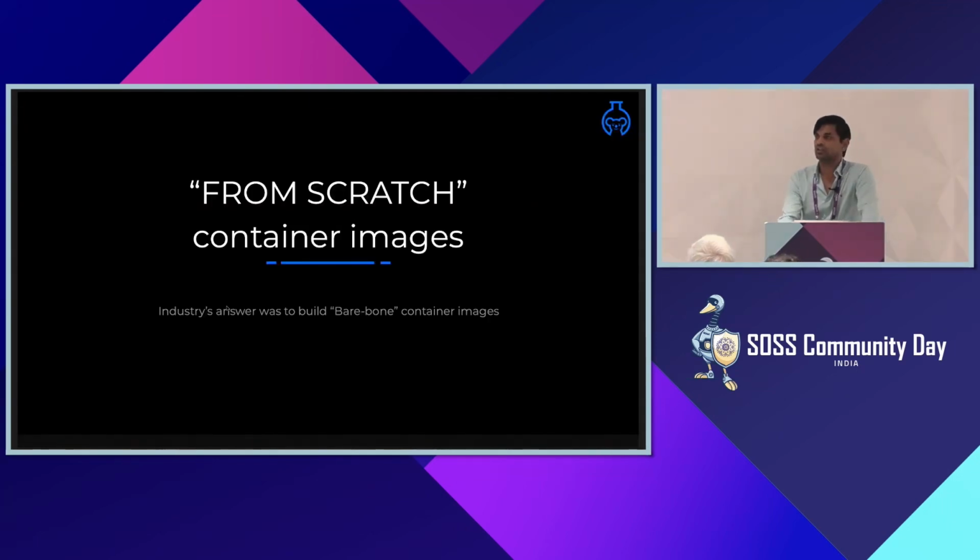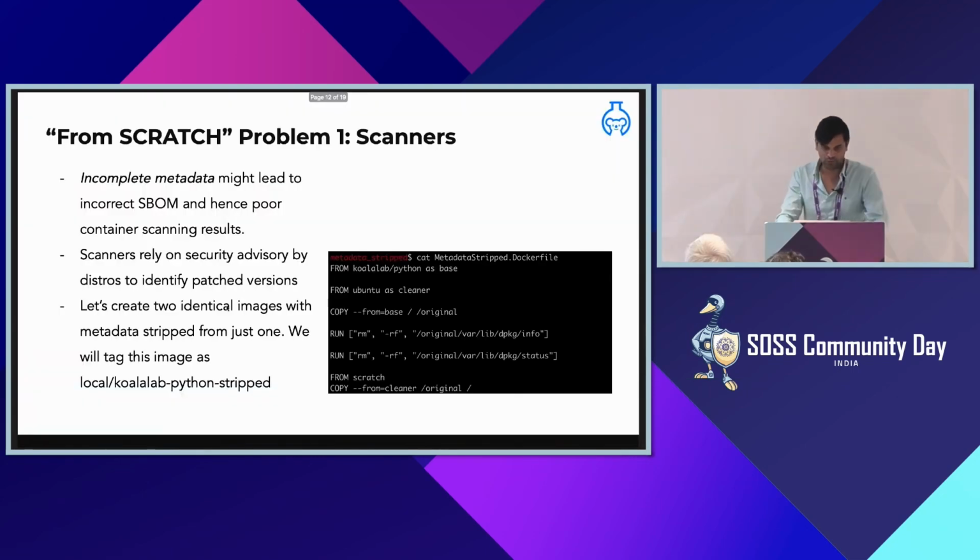So one other solution that people have is to skip all package management and just create images from scratch. Let's see what the issue with that is. Number one issue that you will run into is that from-scratch images don't play well with scanners.